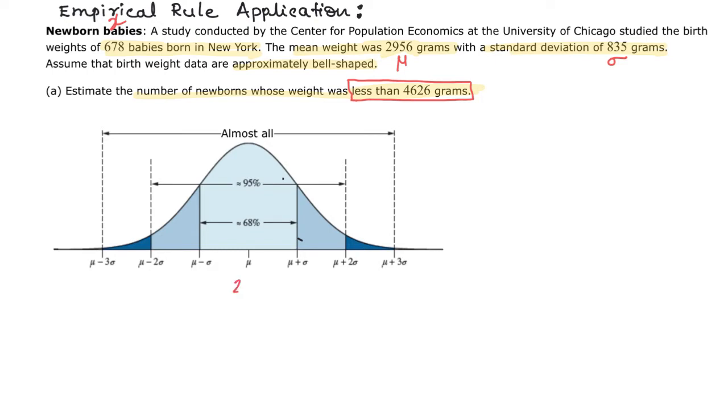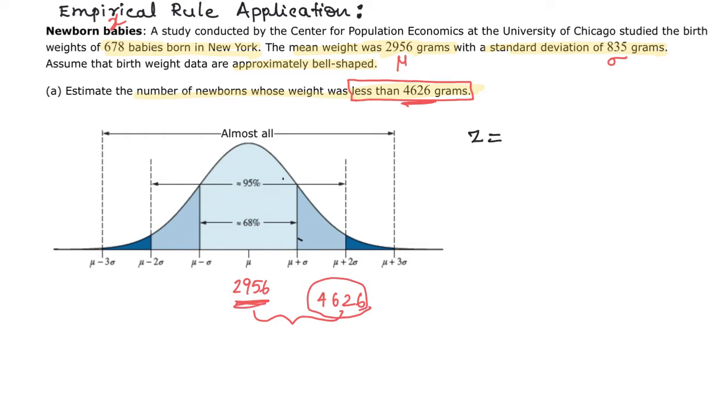Mu is 2956. This value, 4626, is a number bigger than this, so it will definitely be on the right side of mu. First we will see how many standard deviations away this number is from mu.